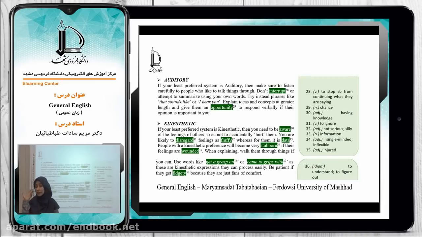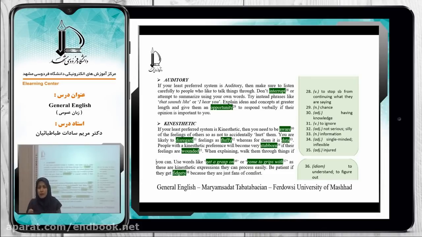Listen carefully because their preferred system might be auditory and they communicate through ears. If you don't listen carefully, they will think that you're not paying attention to them. So, they like to discuss ideas with you. Now, listen carefully to them so that they feel good.